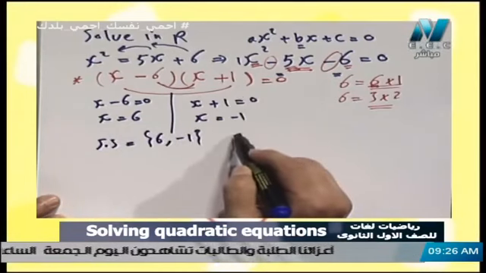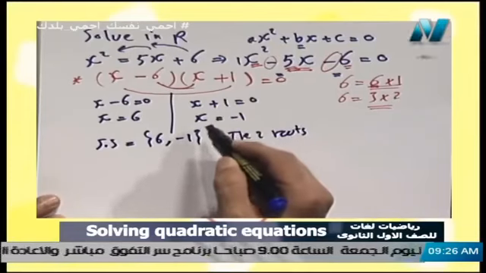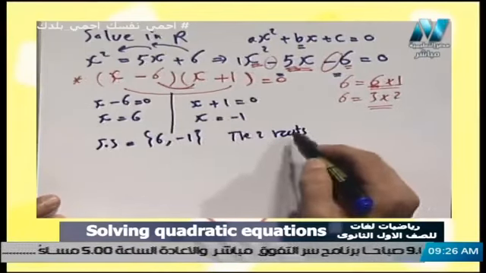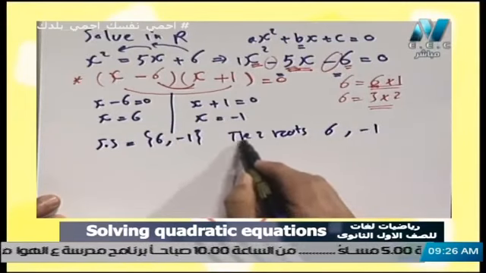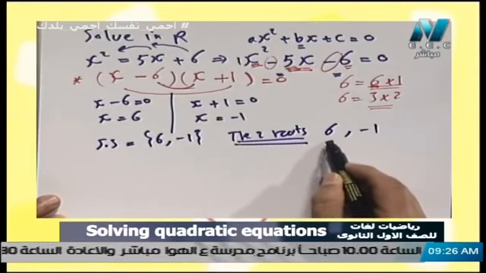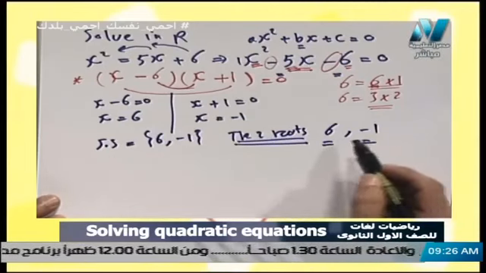So the two roots of this equation are 6 and negative 1. We say that the two roots are 6 and negative 1, or the solution set equals 6 and negative 1. What is the meaning of solution?